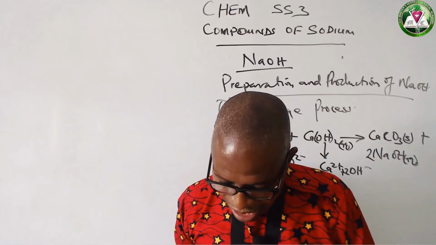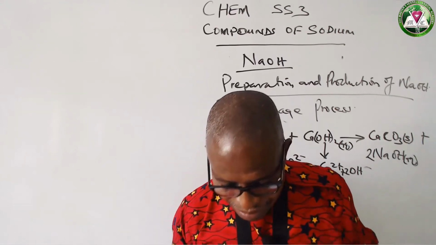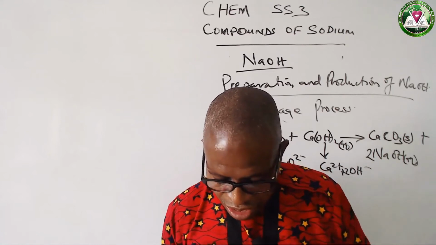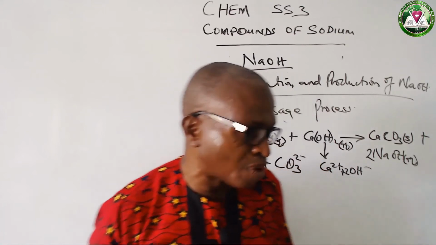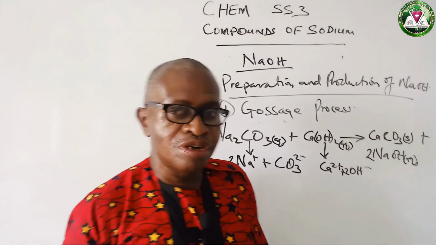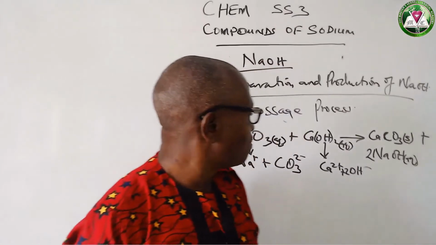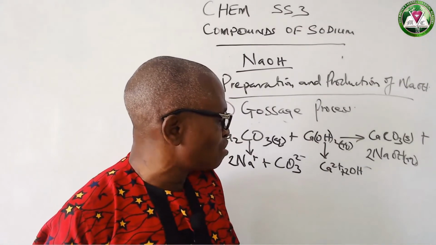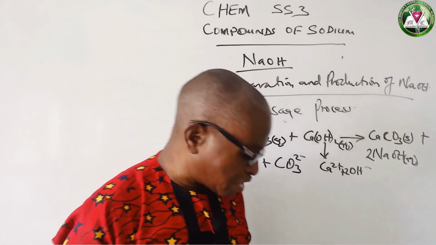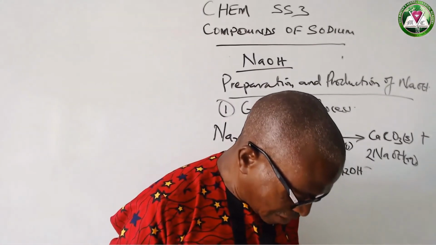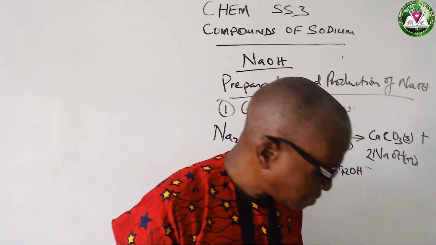That is about the Gossage process. The Gossage process is a process of reacting sodium trioxocarbonate(IV) with calcium hydroxide to produce sodium hydroxide.